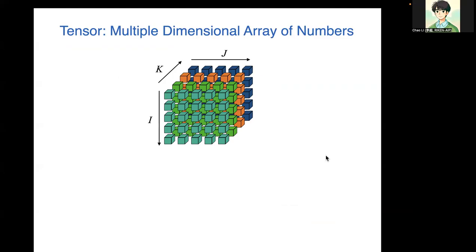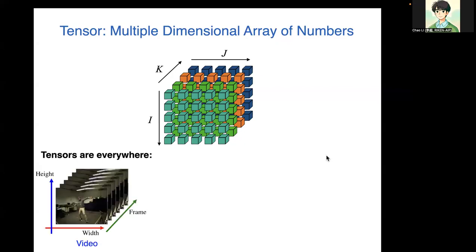What's interesting is that many types of data we work with every day naturally have this tensor structure. For example, a video is basically a sequence of images, so you can think of it as a tensor with height, width, and frame directions.